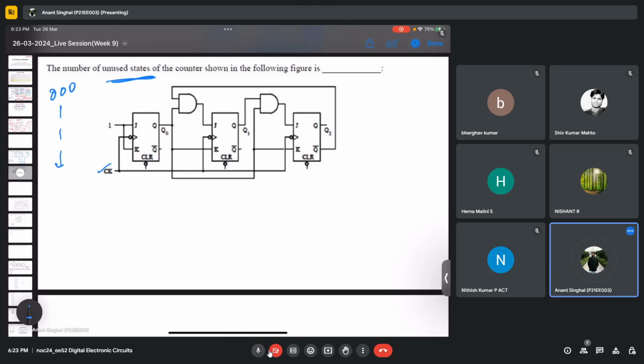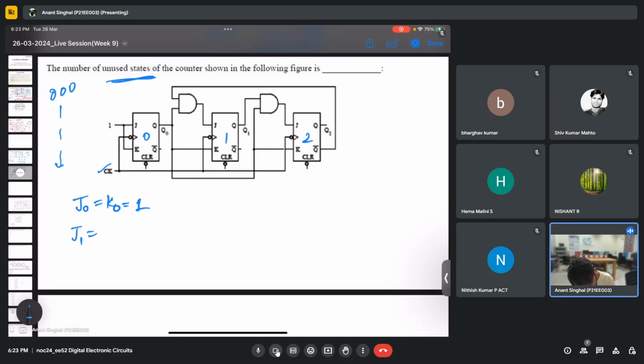So any answer? If not, let me try the same. We have, let's say, three flip-flops, Q naught, Q1, Q2. We can clearly see J naught, K naught is 1, then J1 is Q naught, and this is coming out to be Q2 complement.